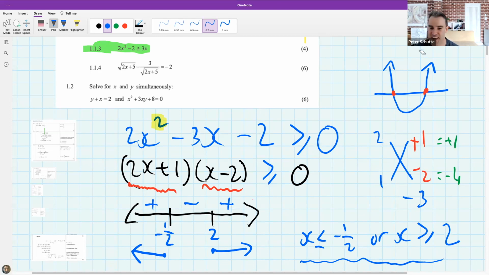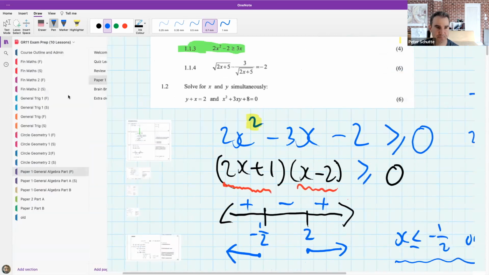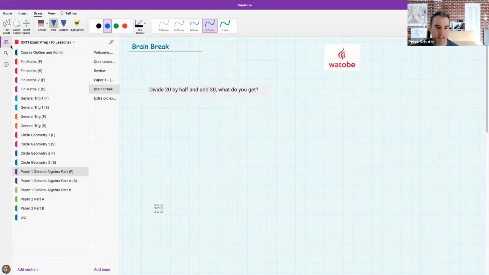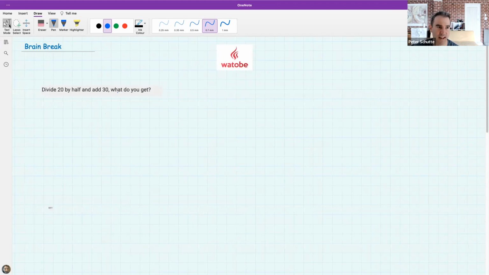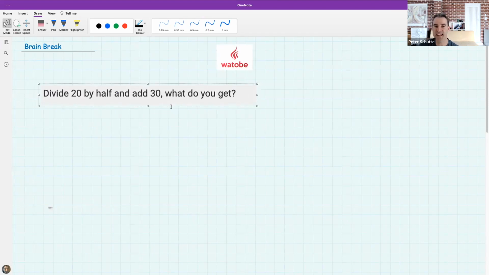All right. Let us do a little bit of a brain break. So here is my question for you guys and girls. Divide 20 by a half and add 30. What do you get? Divide 20 by half and add 30.